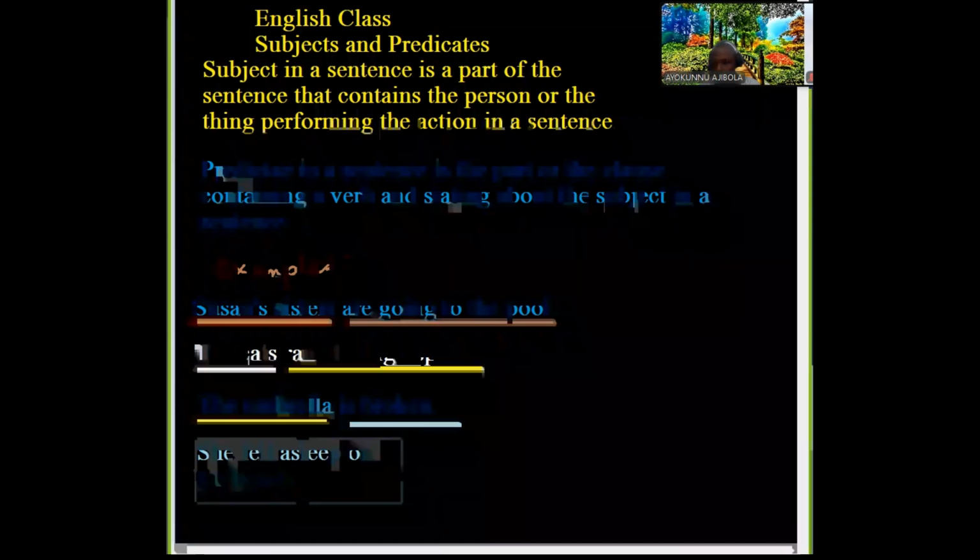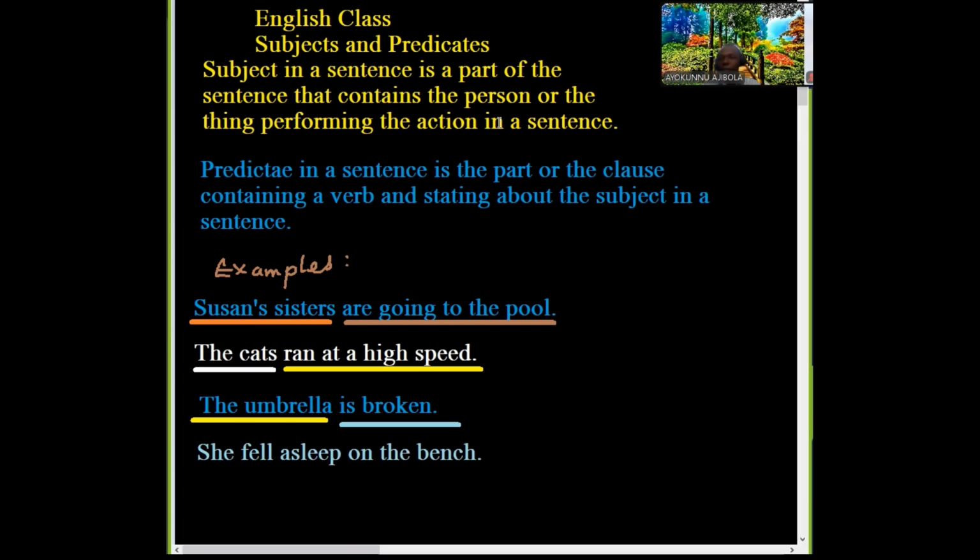So, she is the subject, while fell asleep on the bench is the predicate. Now, if you look, the predicate consists of verbs, fell, then asleep, like an adverb, then on, a preposition, the bench.